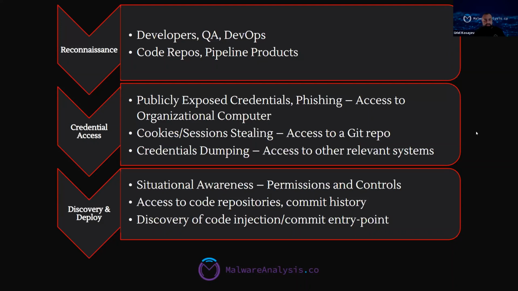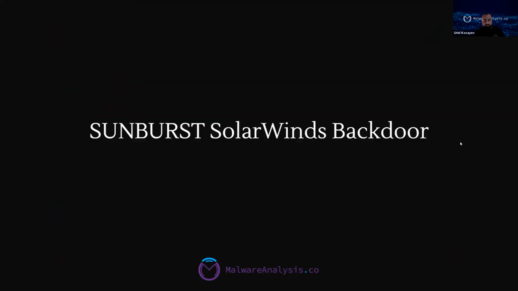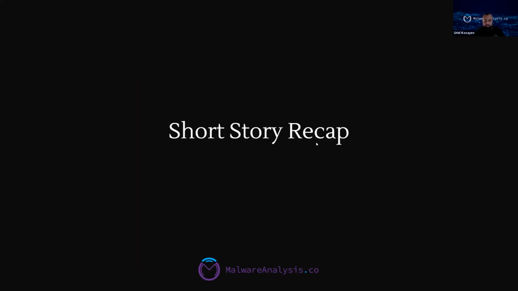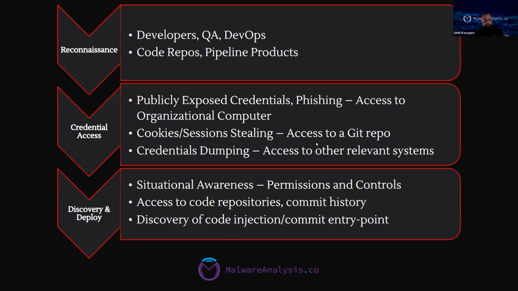So let's first talk, from the red team perspective, about how we can attack external assets, and then we'll talk about SolarWinds. When you do a red team, you can start with recon on developers, QA, and DevOps.